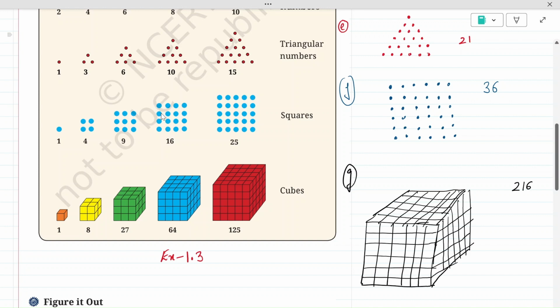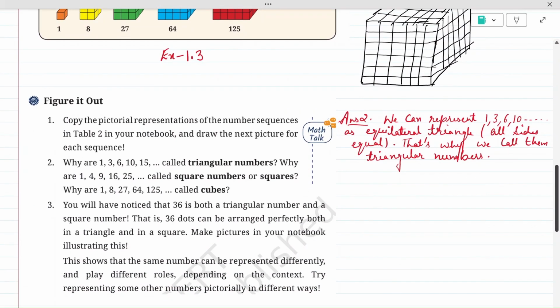Same with 16, 4 dots on each side, and same with 25, 5 dots on each side, so all the sides are equal. So we can represent 1, 4, 9, 16 and 25 as a perfect square. That's why we call these numbers square numbers.